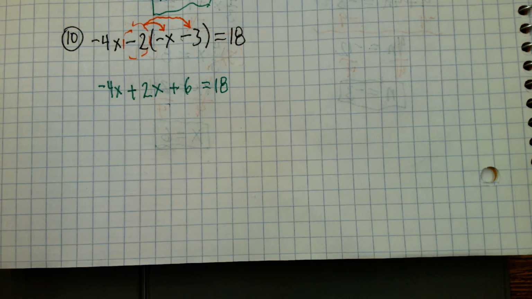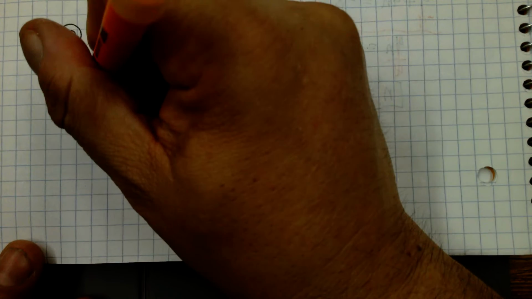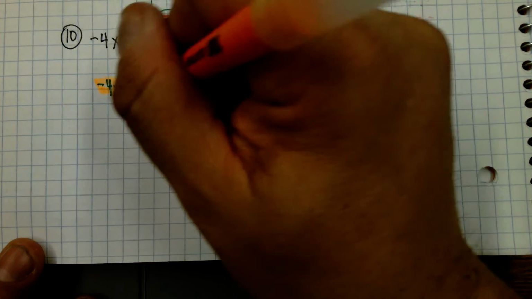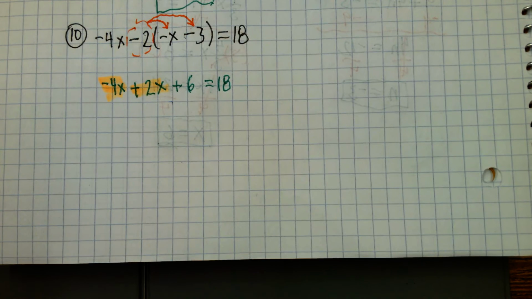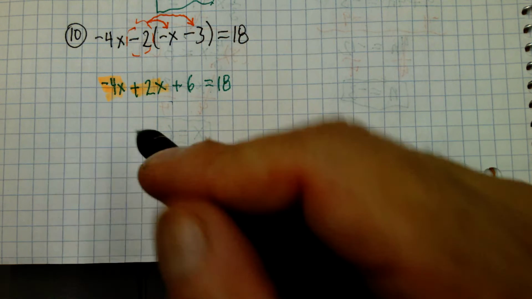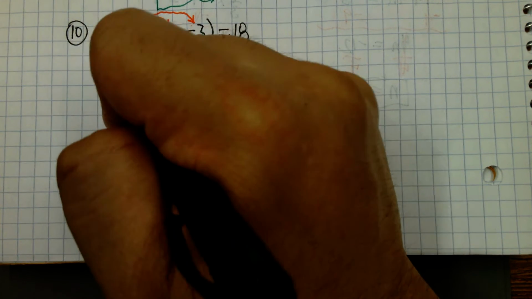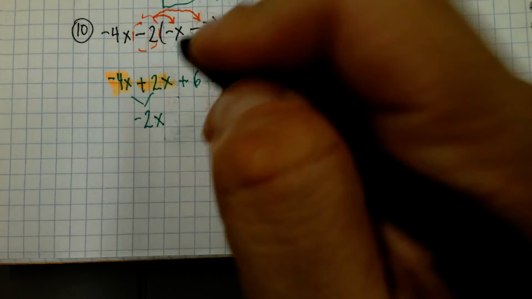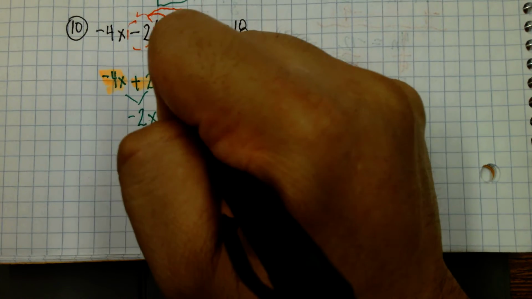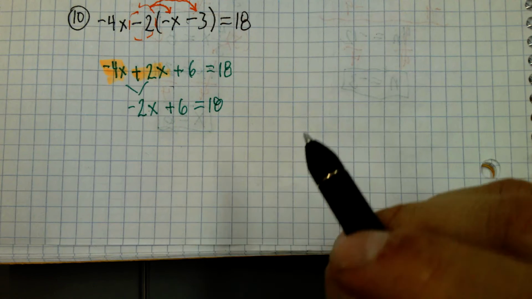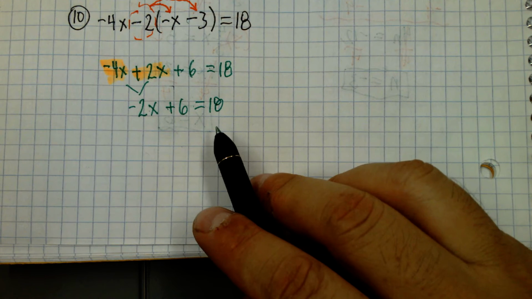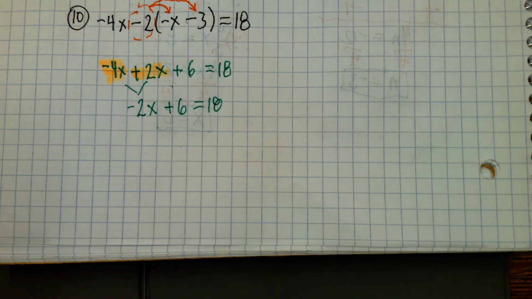Let's combine. The things I can combine are the x values. So I've got negative 4x and positive 2x. Let's combine those. That becomes negative 2x. You just add them. So now my equation is negative 2x plus 6 equals 18. Let's get rid of the 6.